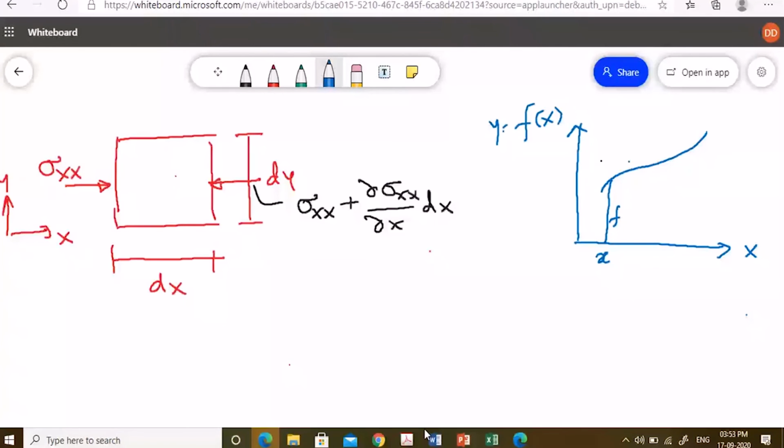Do I know the value at dx distance apart? So if I know fx, do I know fx plus dx? Or how do I find that out?